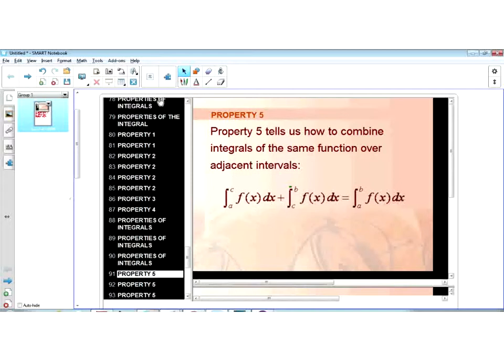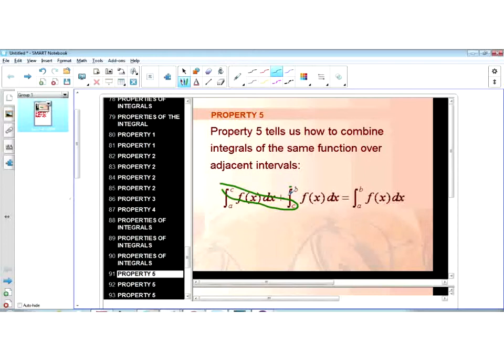This property tells us how we can split an integral. Now, knowing that definite integrals are simply sums, we can find a point C between A and B on the interval of integration, and we can split the integral at some value between A and B. So for instance, as long as you have this kind of arrangement, C is greater than A and C is less than B, this is called splitting the integral.